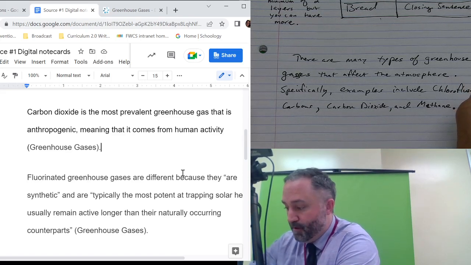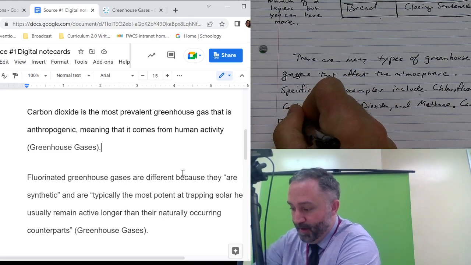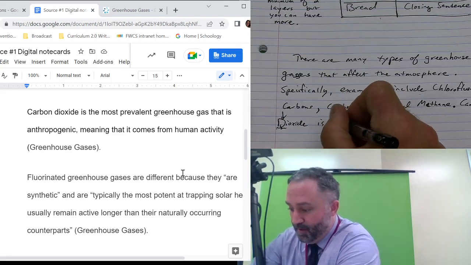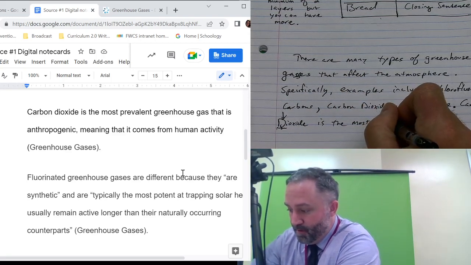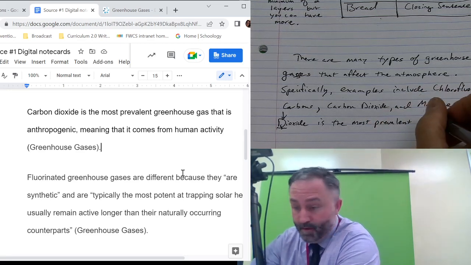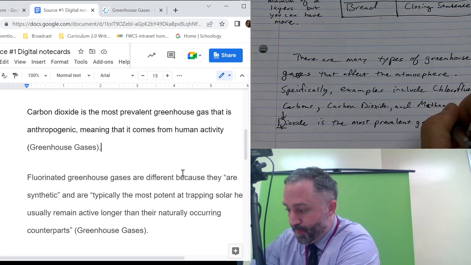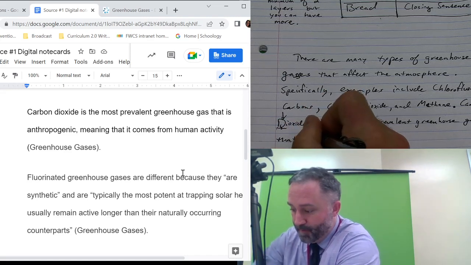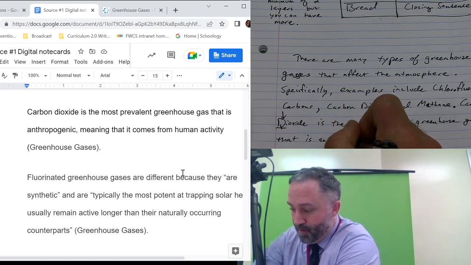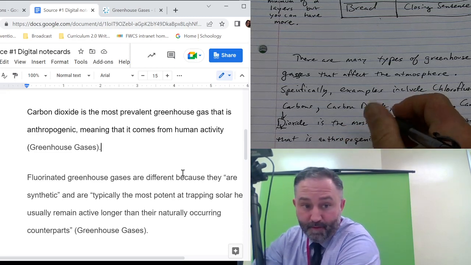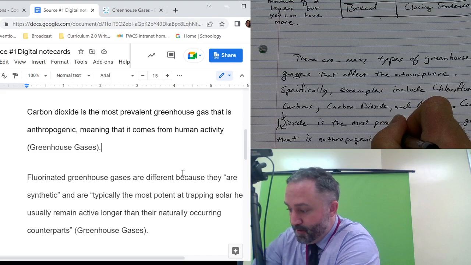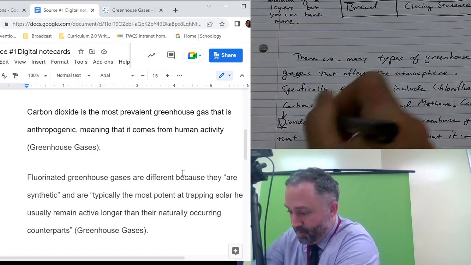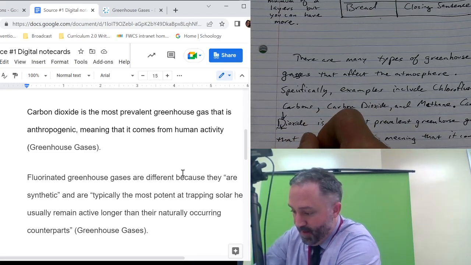So carbon dioxide, actually that'll be lowercase, so we'll fix that later, is the most prevalent greenhouse gas that is anthropogenic, meaning that it comes from human activity.